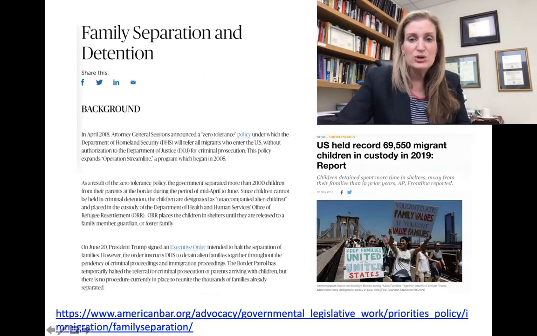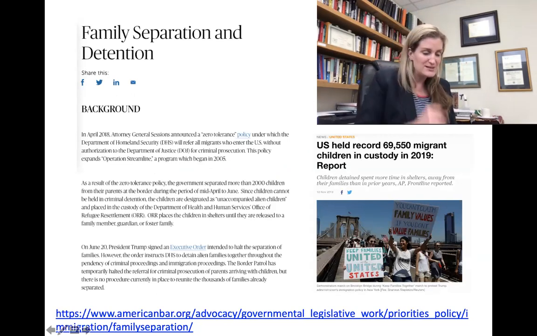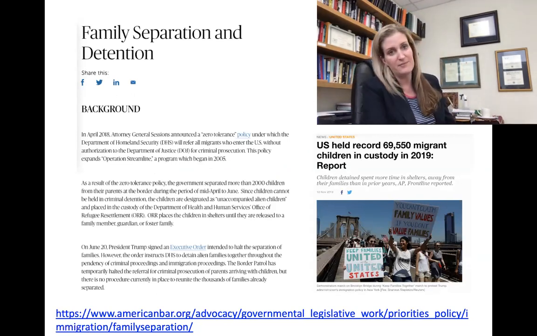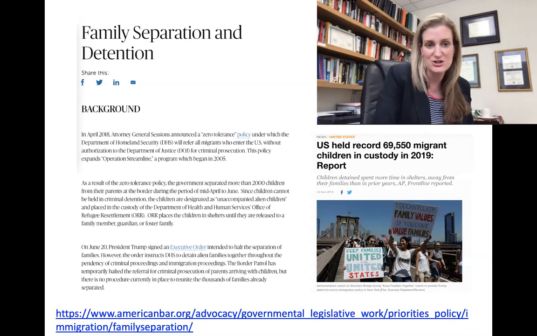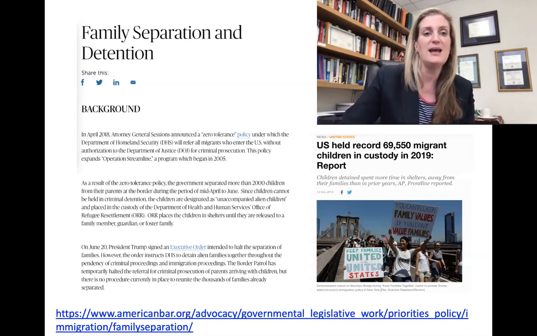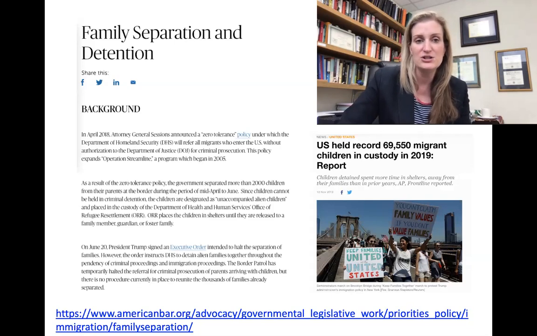And this gets us to some of the current dynamics unfolding with the infamous family separation and detention. In April 2018, Attorney General Jeff Sessions announced a zero tolerance policy to be implemented by DHS, the Department of Homeland Security, where all migrants entering the United States without authorization would be referred for criminal prosecution.